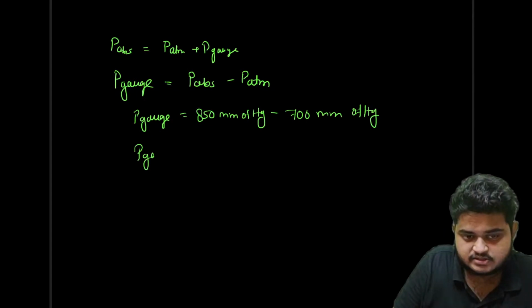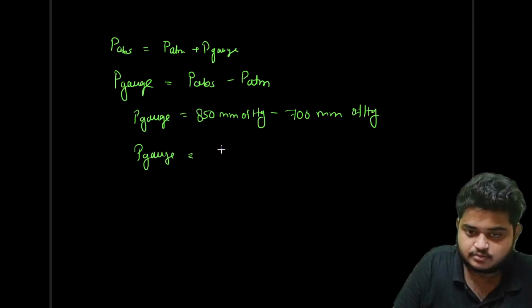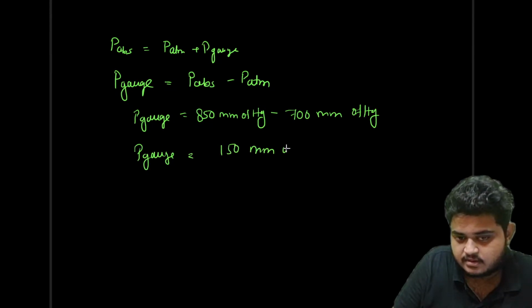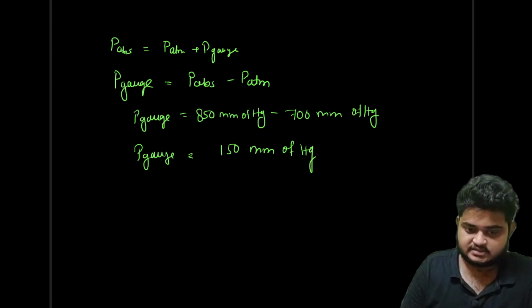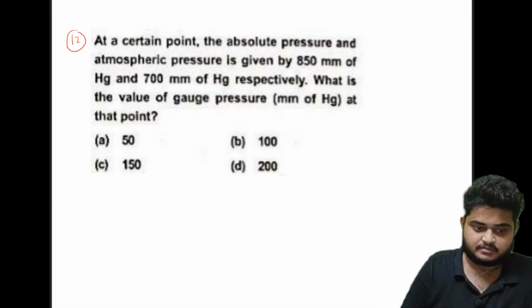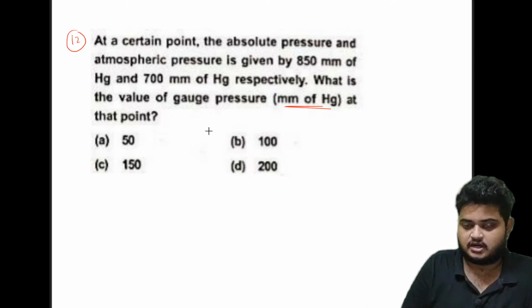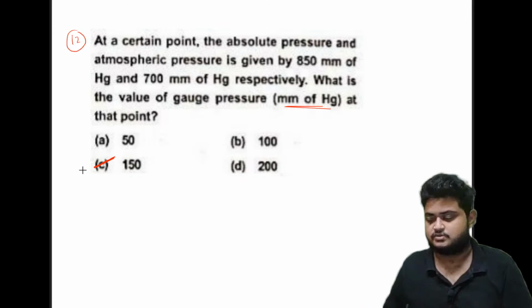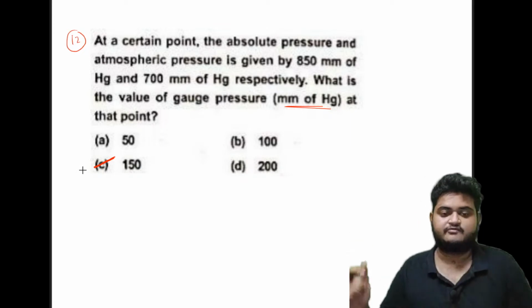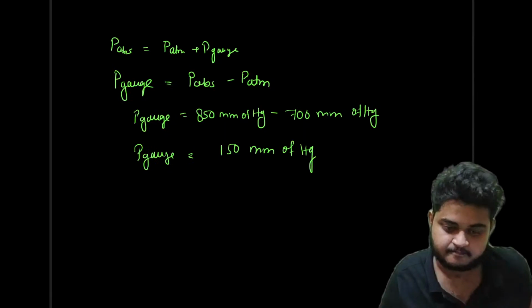So P gauge will come out as 150 mm of Hg. So this is the right answer, 150 mm of Hg, because the unit they need is only mm of Hg.